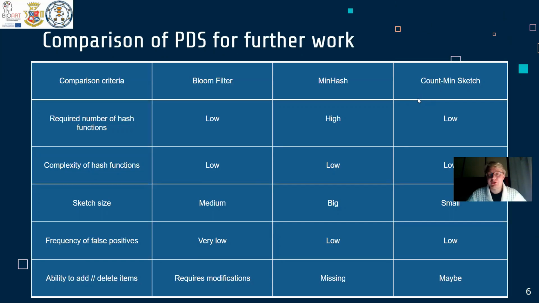So, the comparison of the probabilistic data structures for the work: as you can see, MinHash and Count-Min Sketch we will use during the sequential execution, and the Bloom filter we will use in the parallel case.